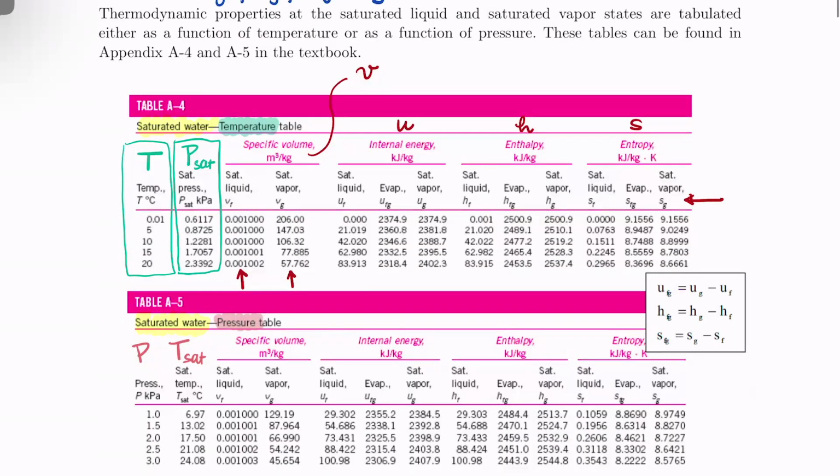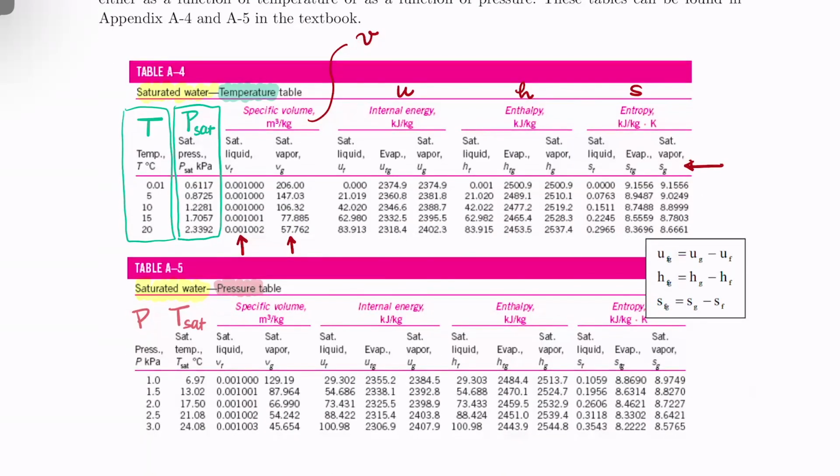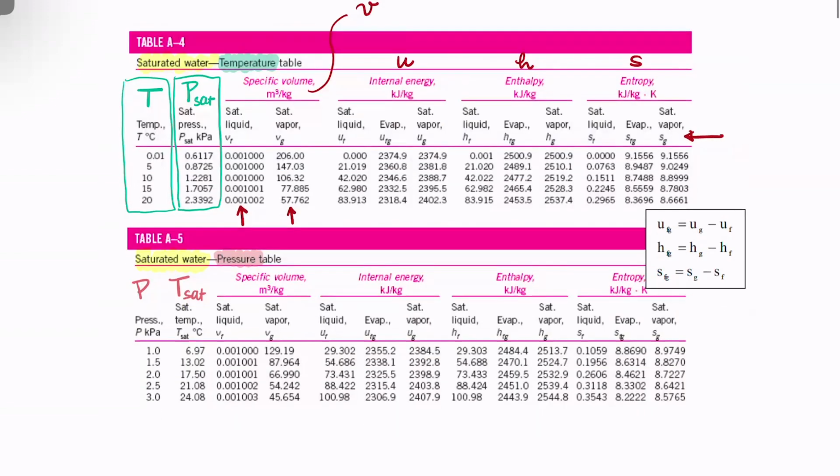Then we have the same sort of thing for our pressure table. All of the information in the bulk of the right-hand side is structured in the exact same way. We're just inverting that we have pressure and saturation temperature rather than temperature and saturated pressure. We'll do practice using this, but I just wanted to show you how they're structured.